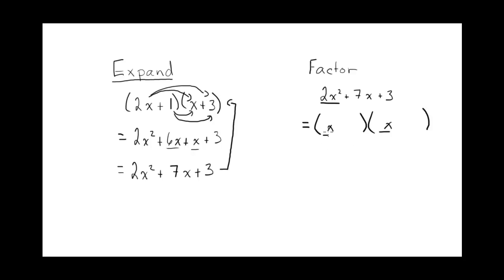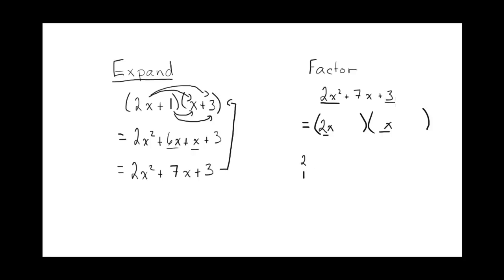And we know that the coefficients, the numbers in front of the x, are going to multiply to give you 2. So I'm going to write down all the numbers that multiply to give me 2. Well, in this case it's only 2 and 1. So that's nice. There's just 2 options in this case. If you had more options, it'd be a little more complicated.